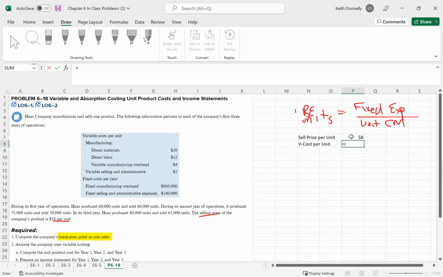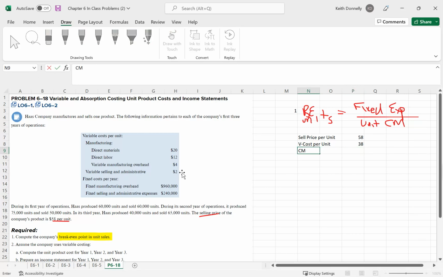That's going to equal our direct materials, the $20, the $12 for the direct labor, plus the $4 for the variable manufacturing overhead, plus the $2 for the variable SG&A. All of these are variable expenses. We're looking at $38 there.